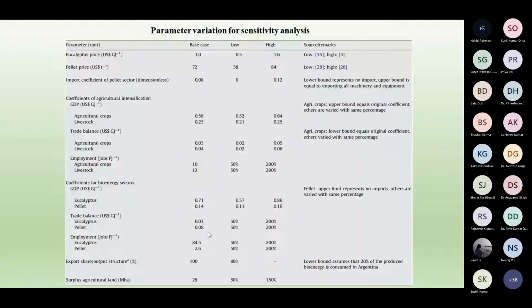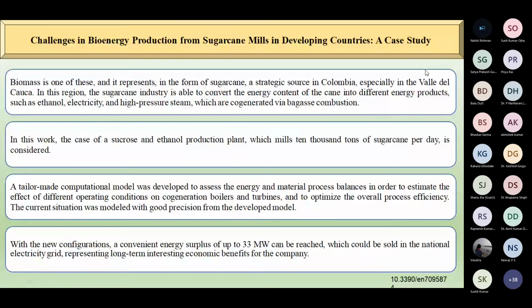This one is the case study which is done in developing countries for energy production using sugarcane in the mills.